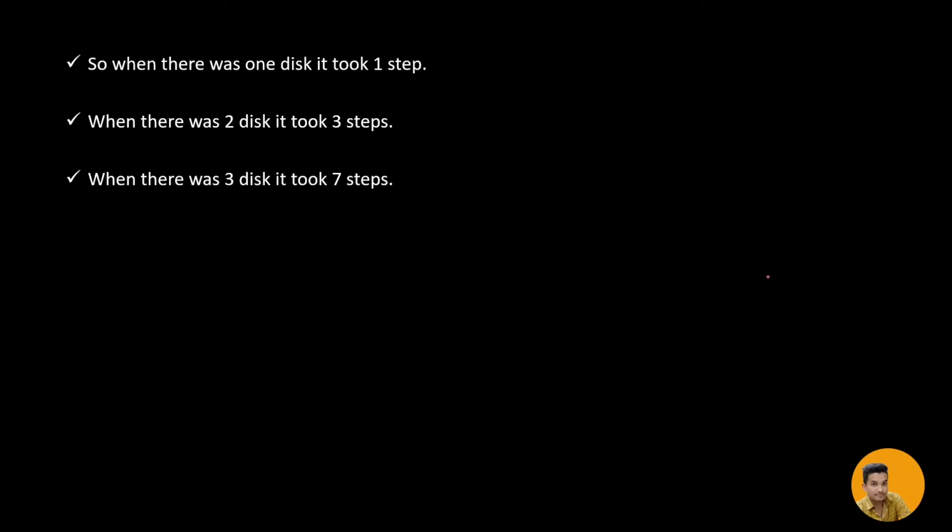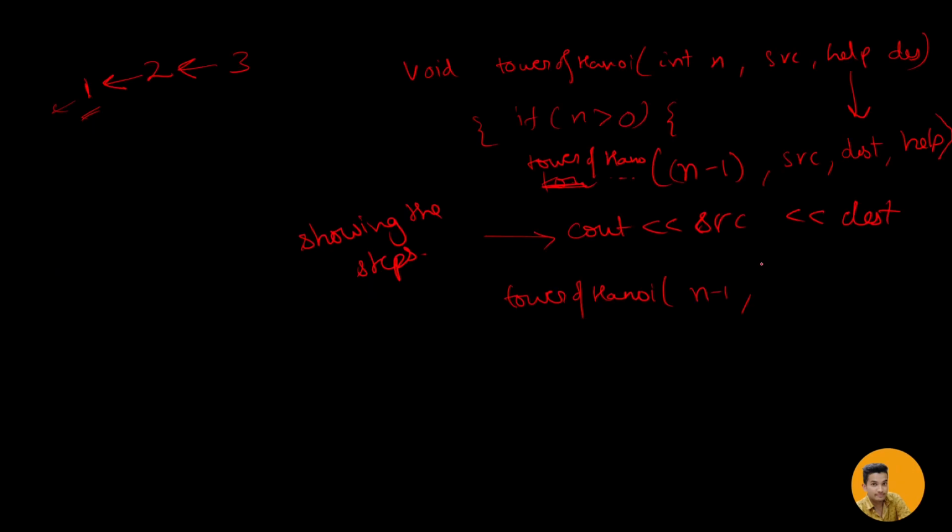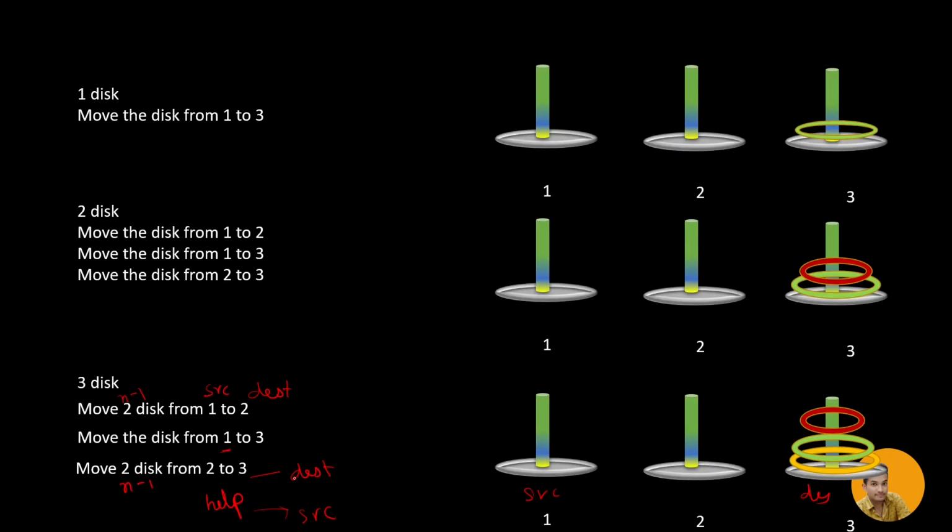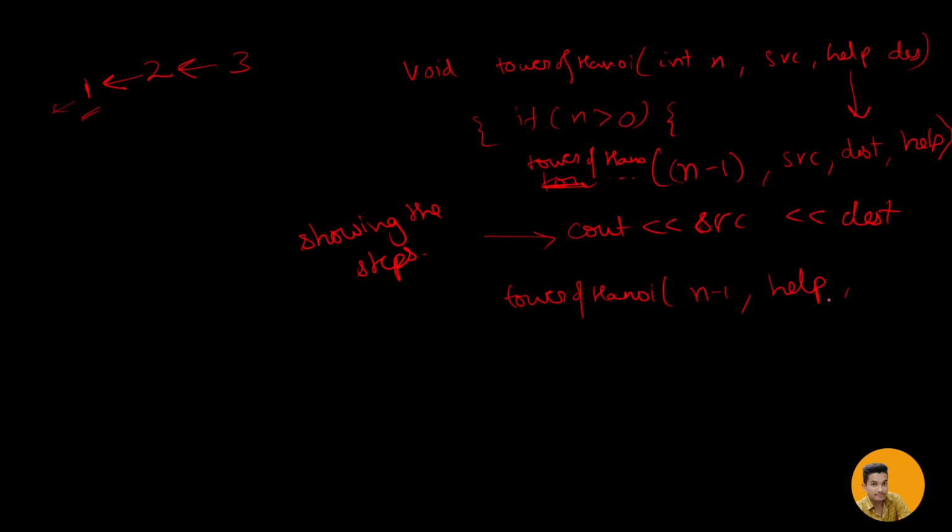Source was our help, so I will write help, and 3 was our destination. So in place of help I will write source only, and in place of destination I will write destination, because 3, the destination, was the same, and it's going to call again. So this is somewhat our recursive function, and let's try to understand how this is going to work.